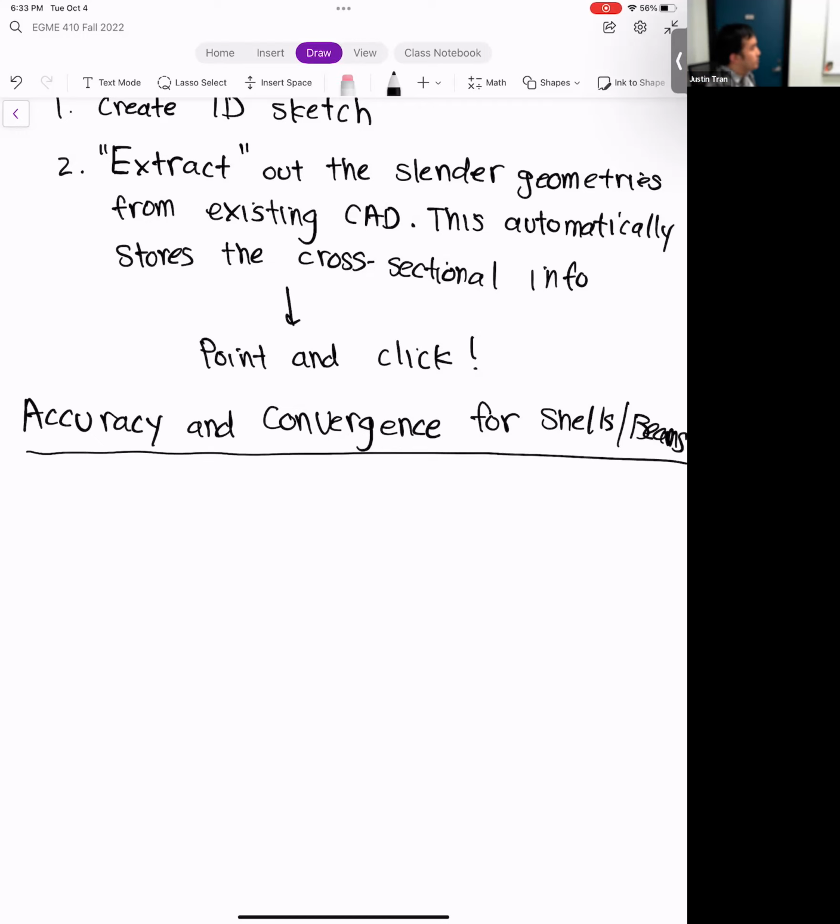We talked about it a bit earlier. We know that you generally get higher accuracy and better convergence properties if you use shell and beam elements, and that's one of the primary reasons to do it.